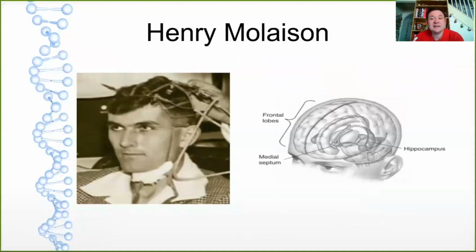This is Henry Molaison. Henry Molaison suffered from severe epilepsy, and a surgeon, this is going back to, I believe, the 1950s, decided to treat this condition by removing Henry's hippocampus. At the time, they did not know what a hippocampus was for.